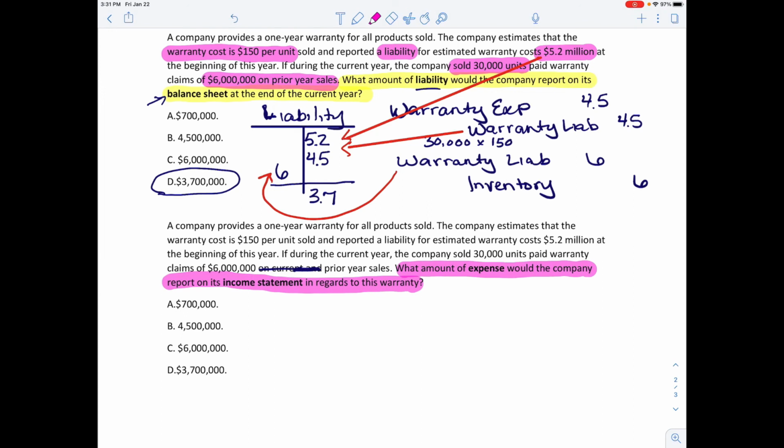For this current year, I can go back, review what journal entries I did, and know I've already got this done. My expense relating to this year would be that $4.5 million. So what I want you to get out of this is the difference between the liability and the expense related. Remember, those expenses are incurred during the same year as that sale.